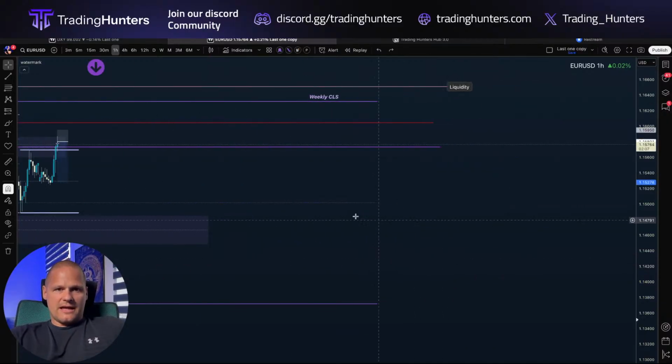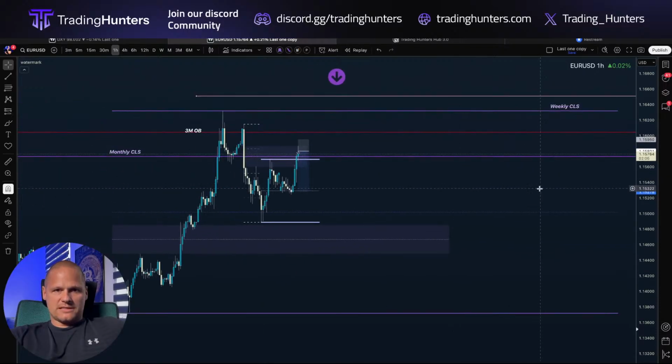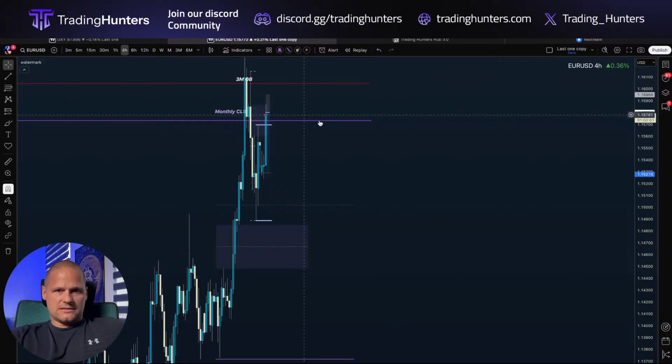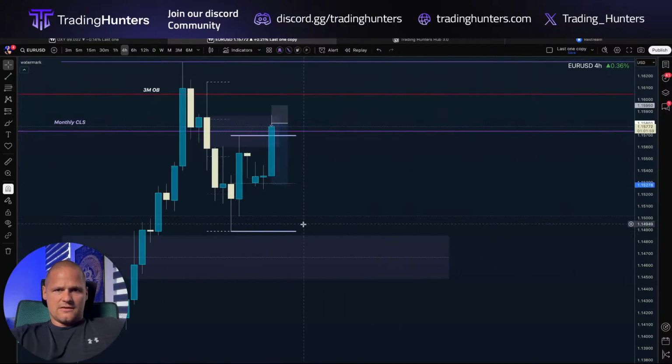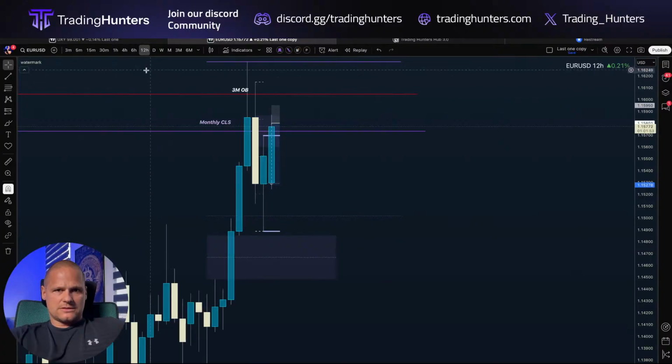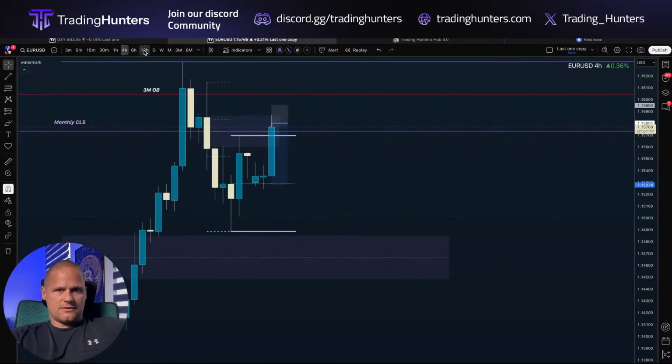However, from the short-term perspective, what I'm seeing right now is it 4 hours in here? So it was also the 6 hours. What was it? 12 hours. I don't know why I highlighted 12 hours. Okay, so it's a Friday's range?